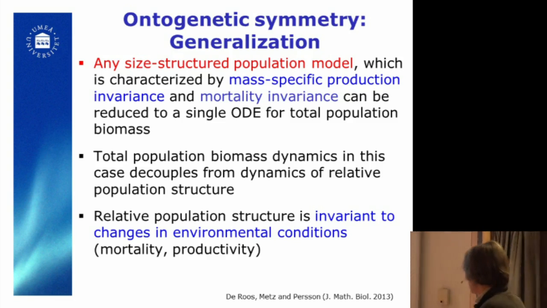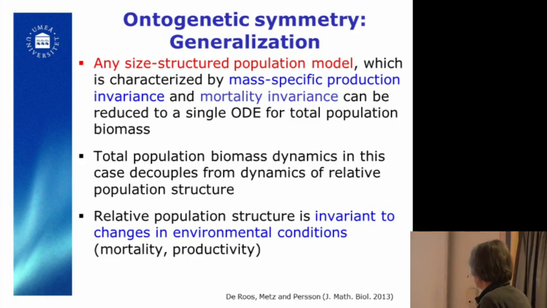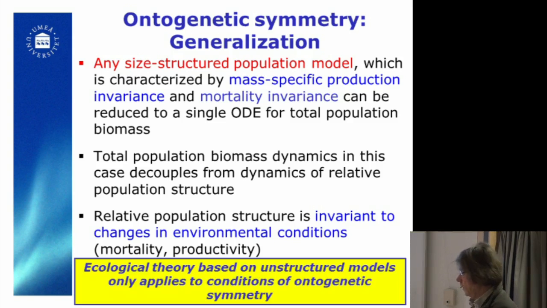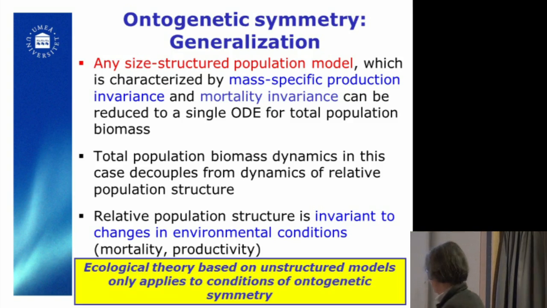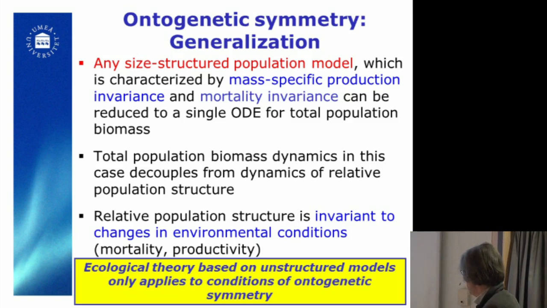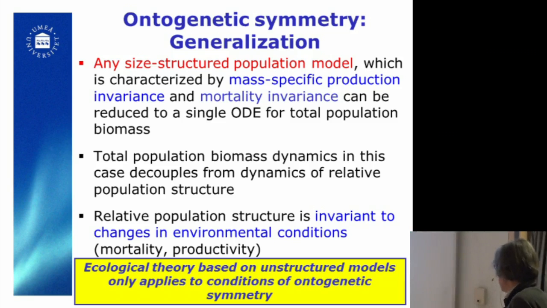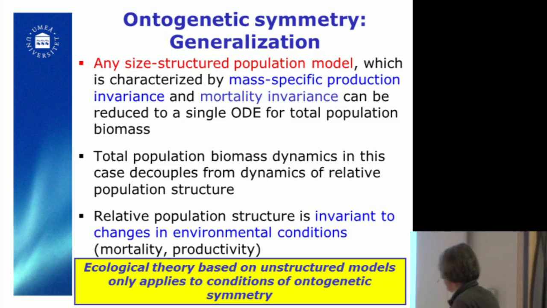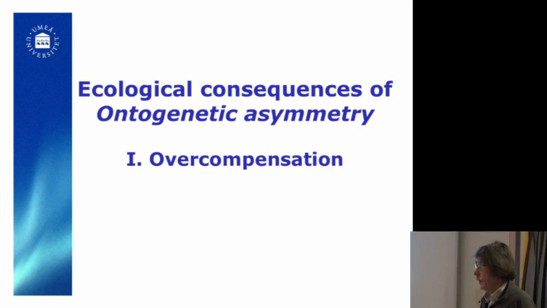In this case, total population biomass dynamics decouples from the dynamics of the relative population structure. So relative population structure is invariant to changes in environmental conditions, which is not the case for ontogenetic asymmetry. But at the same time, this paper once again says that a theory based on unstructured models only applies to conditions of ontogenetic symmetry.